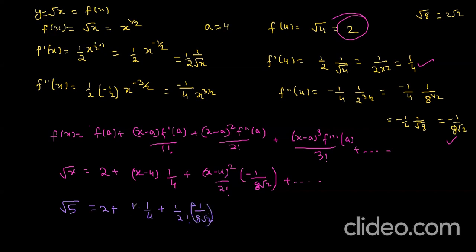Now, when you calculate this, you will get the answer. 2 plus 1 by 4 is what? 0.25. And this is minus. When you calculate this, you will get it in decimals. So, approximately you will get 2.25 like this. Okay. This will be your answer.